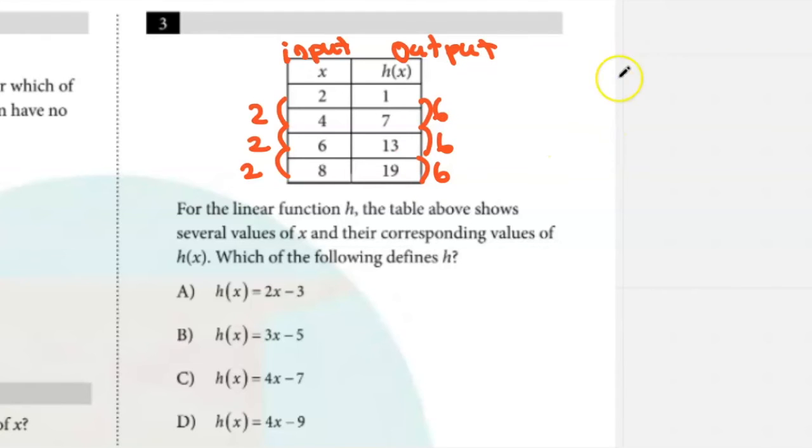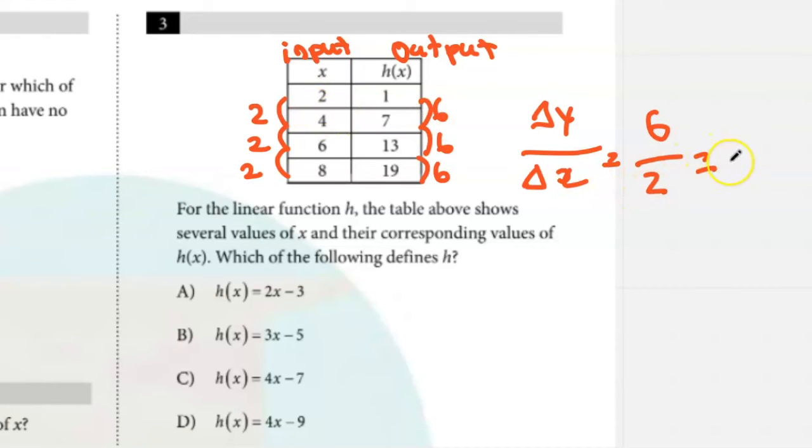And you should know that the slope of a linear line is your delta y, your change in y, divided by delta x, which is your change in x. Every time y changes, h of x is essentially your y because it's your output. Every time your h of x changes by 6, your x changes by 2.